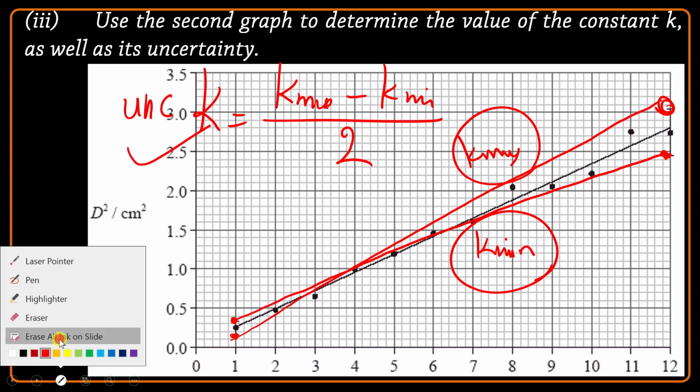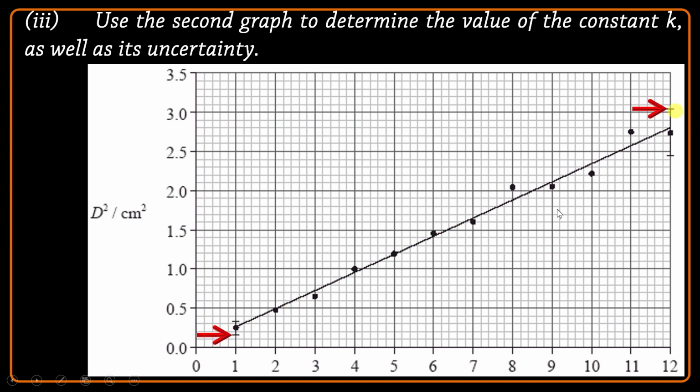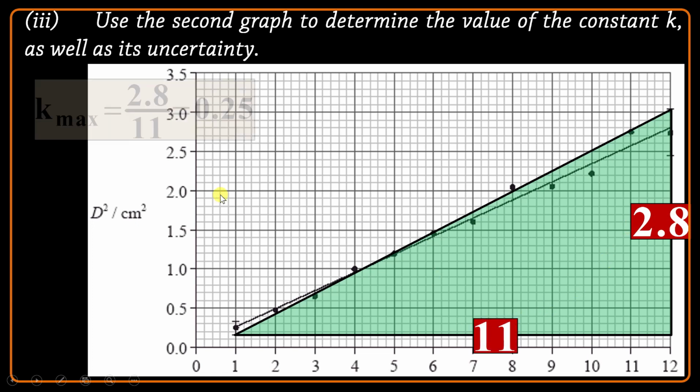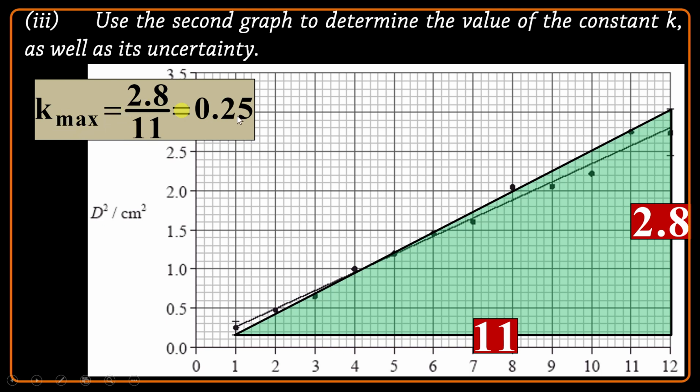Okay, let's start one by one. First, look at this point, the first bottom and the last top. Then I establish a triangle again. The vertical is 2.8, the horizontal is 11. If I divide them, it gives me K max to be 0.25.